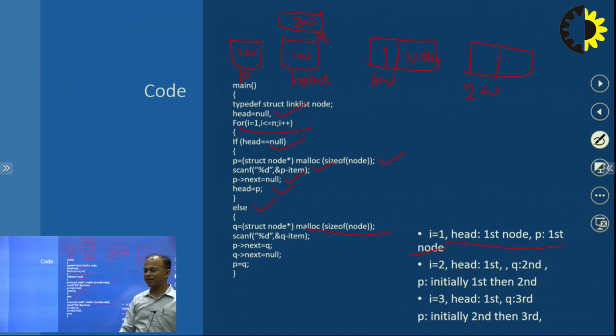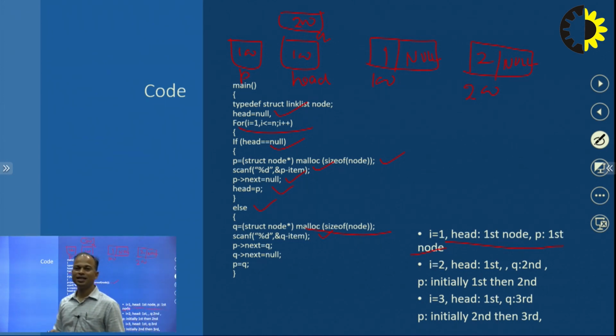After it we are giving the value q arrow item, as q is 200. In the item part of 200 we are giving the input. Suppose this input is 2, so we are passing 2 here, and q arrow next equals to null. So we have given both parameters for the second node.